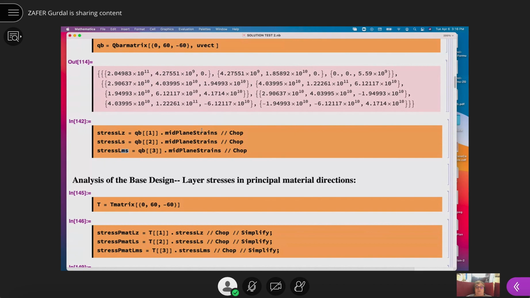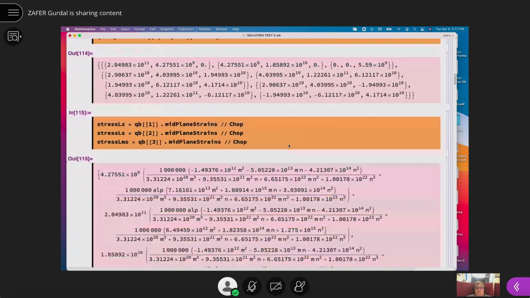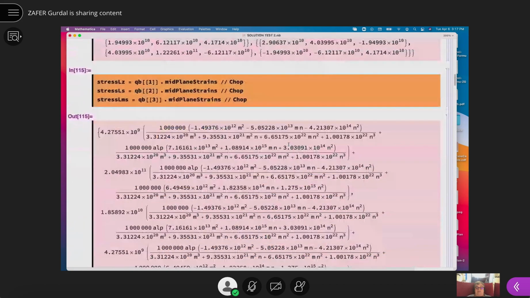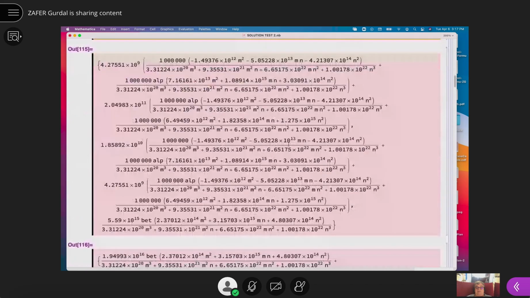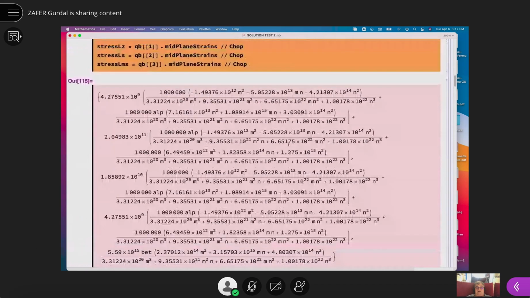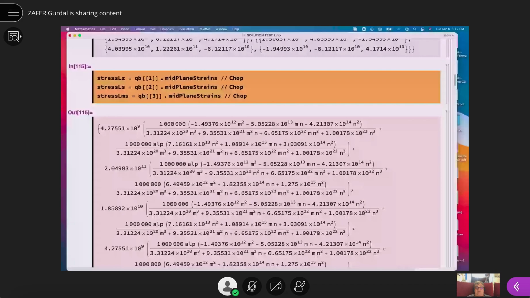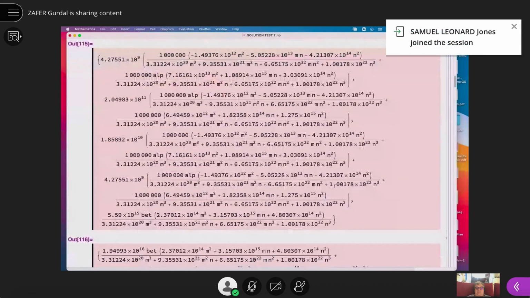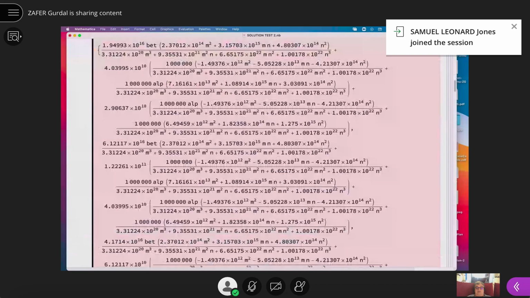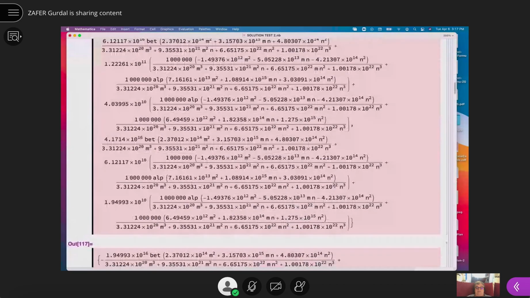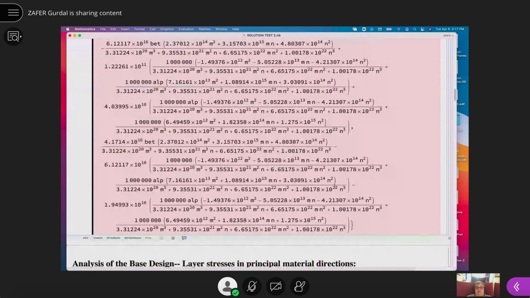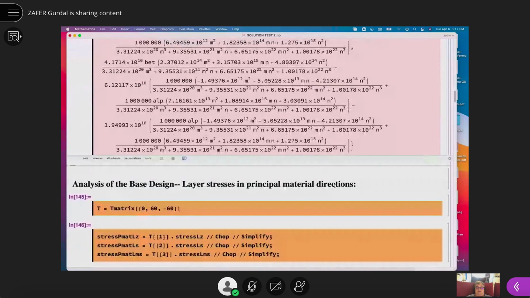So the mid-plane strains were parametric, and now I multiply those with constant matrices. I get stresses in the plate coordinates, again symbolically. Long expressions: this is the stress in the 0-degree ply, the stress in the 60-degree ply, and the stress in the minus 60-degree ply, but in the plate coordinates.